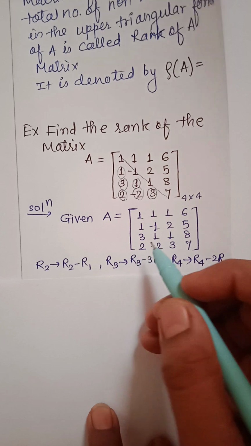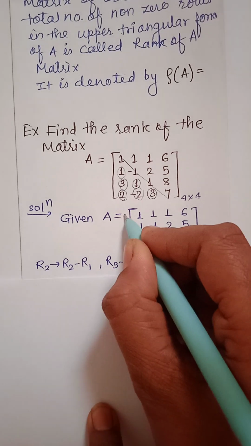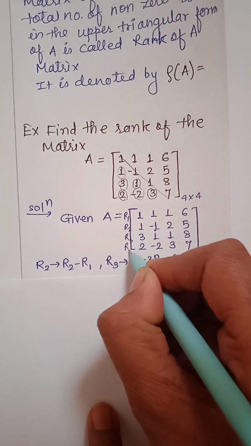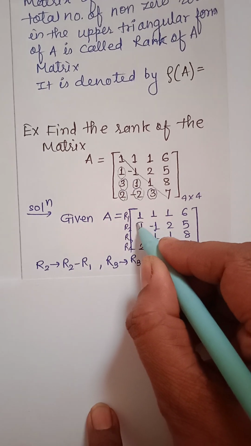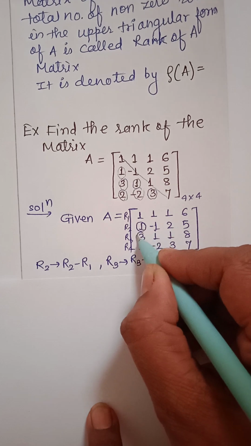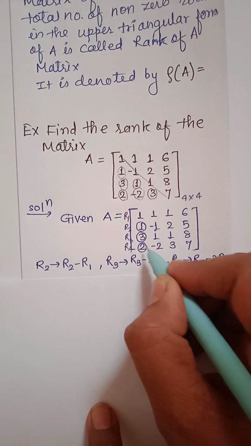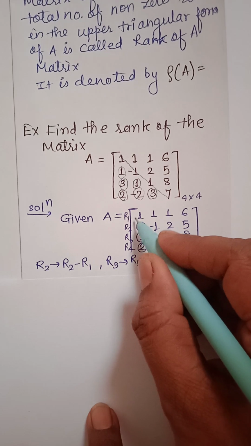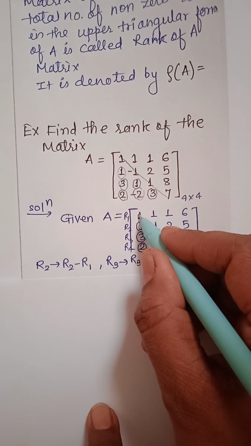Now write the given matrix. Okay, this is my R1, this is R2, this is R3 and this is my R4. Now we have to make this entry as 0. So to make these entries 0, you have to operate with R1.